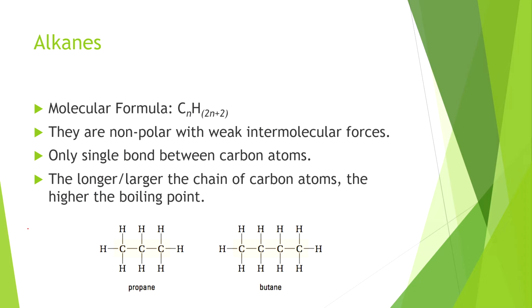So what are alkanes? Alkanes are hydrocarbons with a molecular formula of CnH2n+2. So what this means is that, let's use an example. For instance, when n equals 1, the number of carbon is 1, of course, so C, and the number of hydrogen is 2 times that plus 2. This would mean 4 hydrogen atoms.